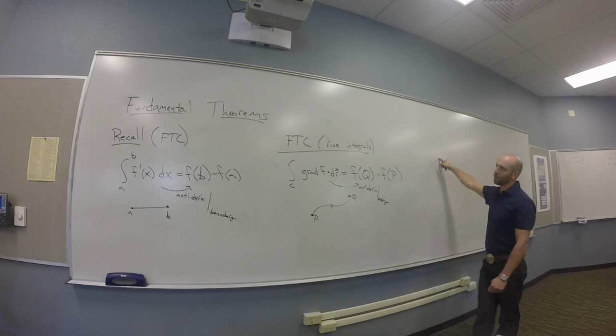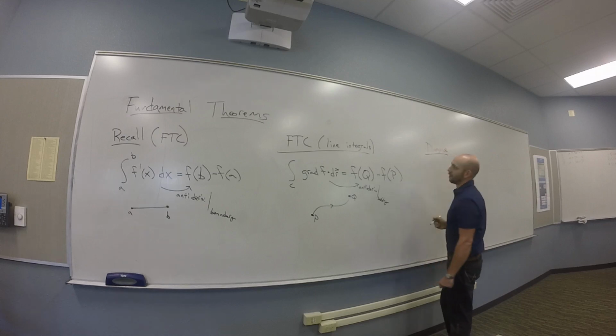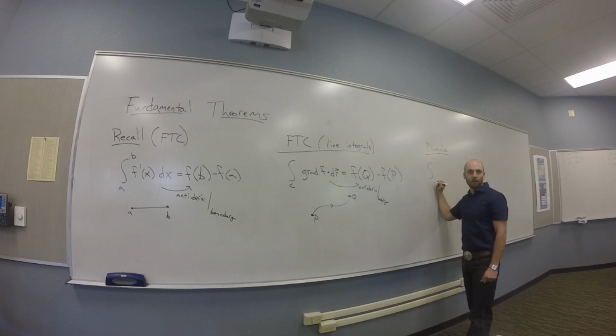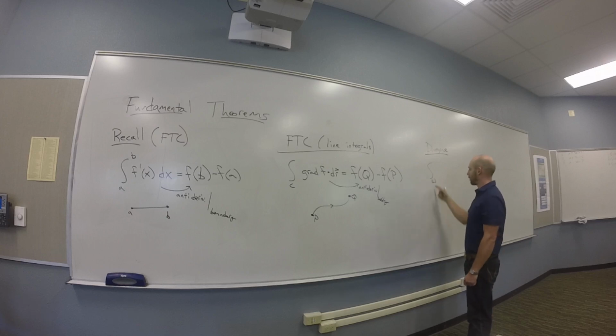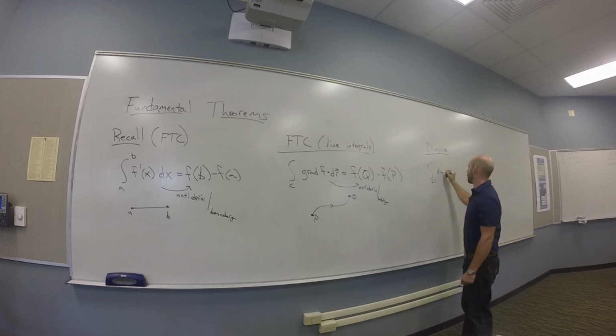What was our next fundamental theorem that we learned? Divergence theorem. Okay, so the divergence theorem says if I integrate over a solid, and I'm calling my solid W today because your book calls your solid W, what am I integrating? The divergence of a vector field.